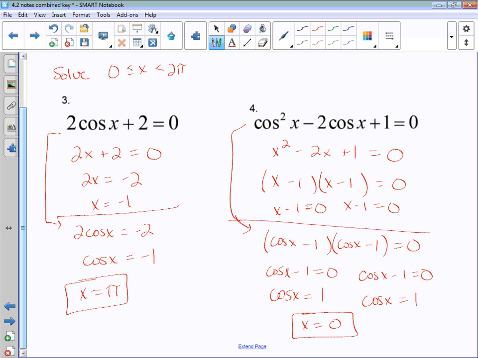Okay, questions so far? Okay, that's what I was talking about with this. Is 2 pi included? I know, because we don't repeat. So again, directions are important. Lily? Okay, is the 2 pi included?